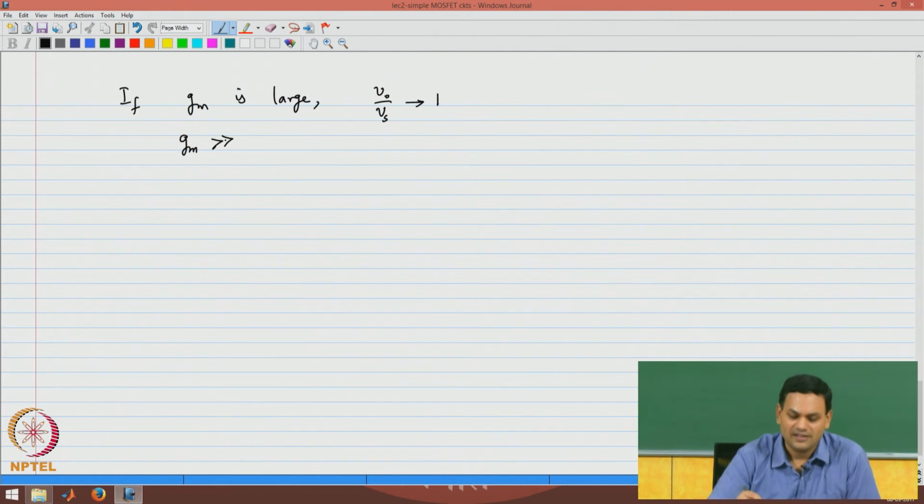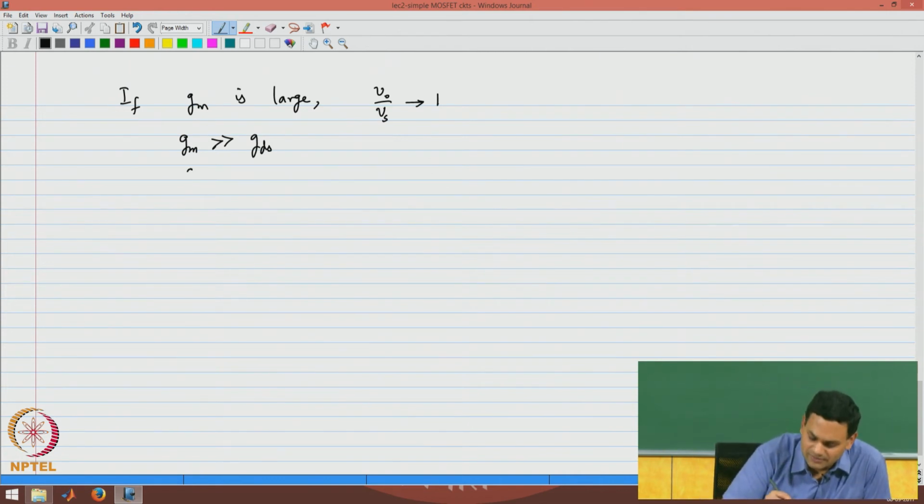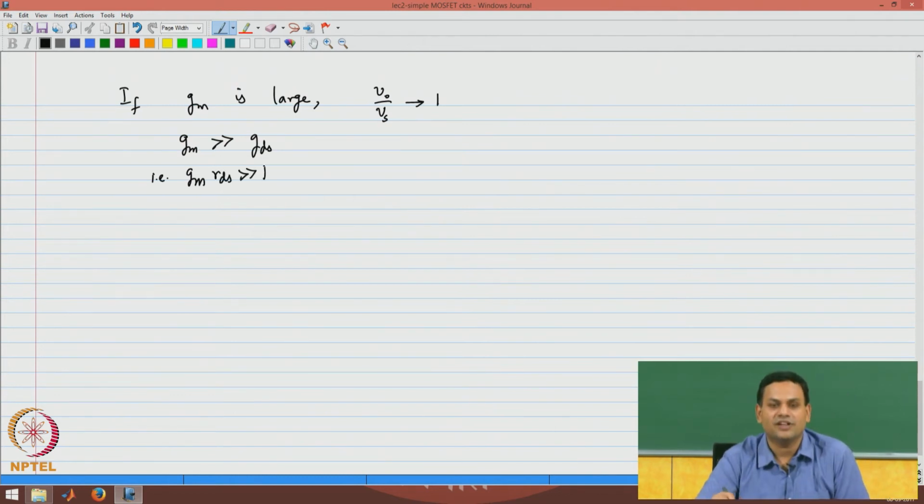normally for a device, GDS can be chosen such that GM is much larger than GDS. In other words, what I am saying is the intrinsic gain of the device, GM RDS, is usually much greater than 1. This is of the order of several tens or maybe even close to 100, and therefore, GDS can be neglected with respect to GM.